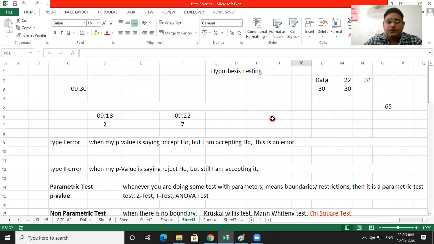Okay. So let us suppose I give any attempt, and I have given total attempts 30. And out of these 30 attempts, I got success around, let us suppose, 22 times. So this is my probability that out of 30 attempts, I got success 22 times.